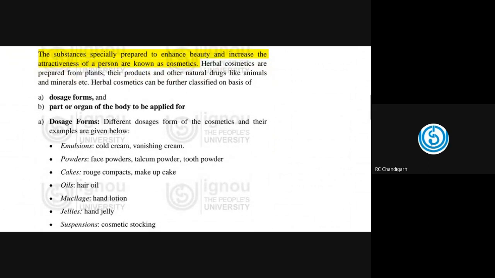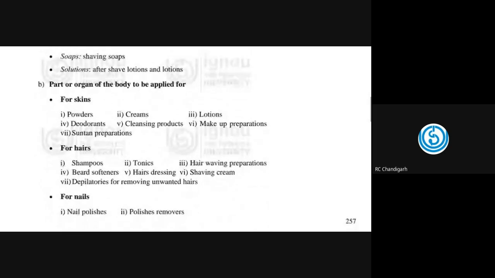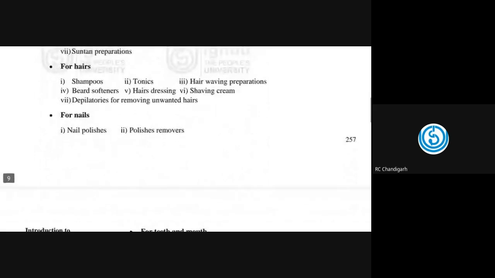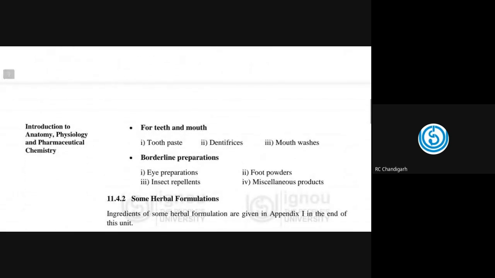According to dosage forms, it can be called emulsions, powders, cakes, oils, mucilage, jellies, suspensions, paste, soaps, and solutions. And according to part of the body to be applied, it can be classified for skin, for hair, for nails, or for teeth and mouth, and borderline preparations.